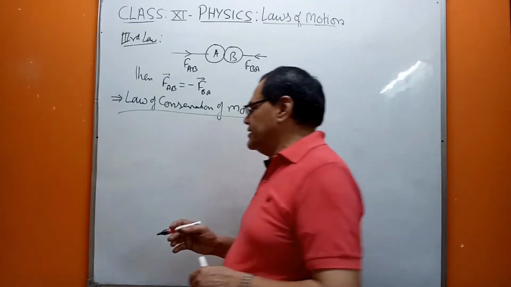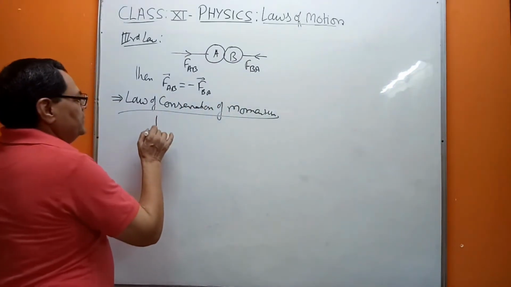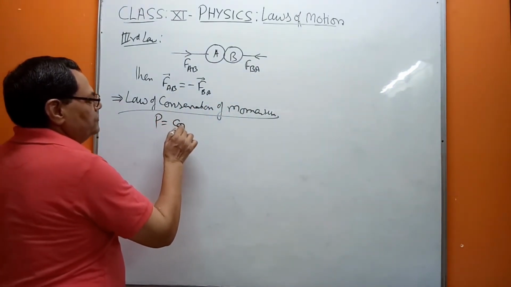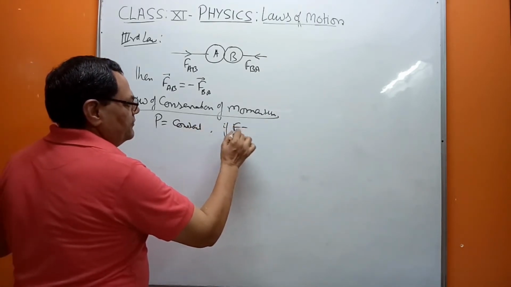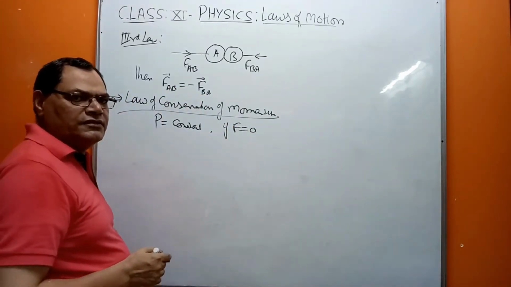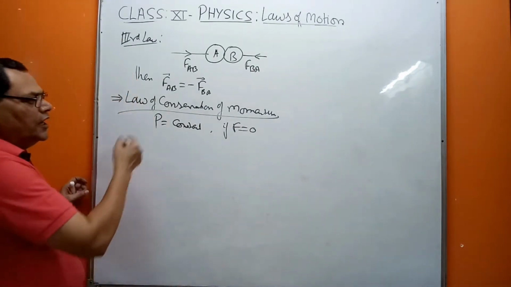That is, the total momentum P will be equal to constant if the net force F acting on the system is 0. How to prove it?